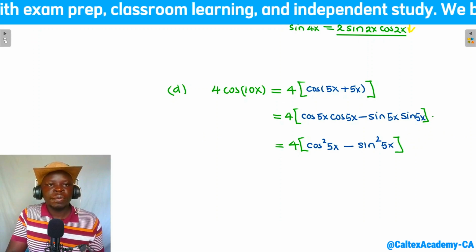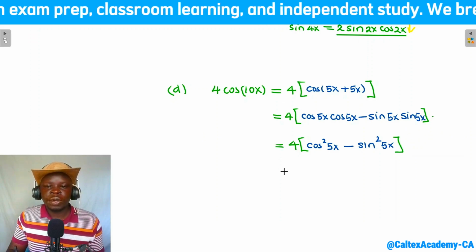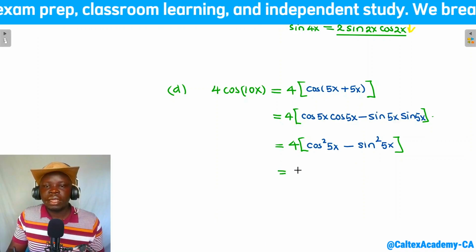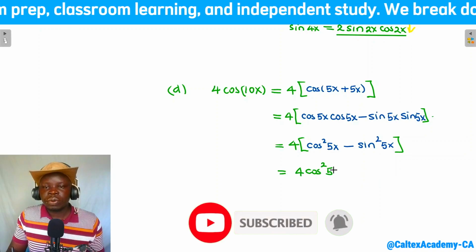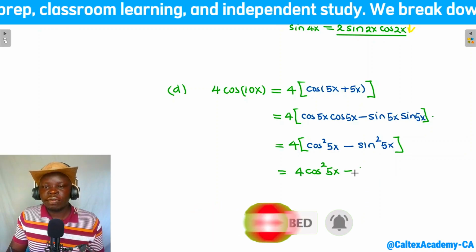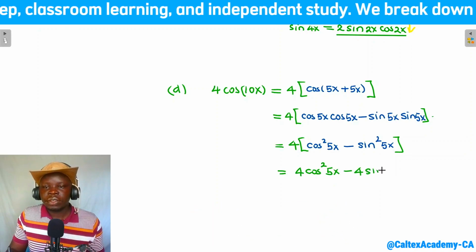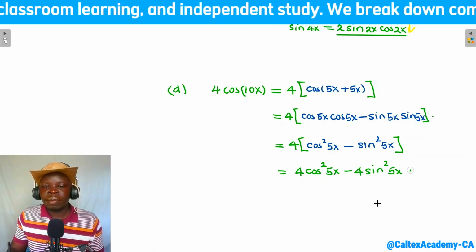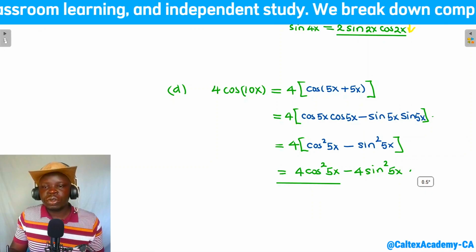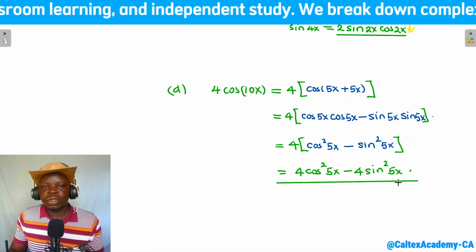Now we can open up this bracket to expand it fully, and we have something like 4 cos square 5x minus again 4 sine square 5x. But remember, this is not the only solution when it comes to cos.